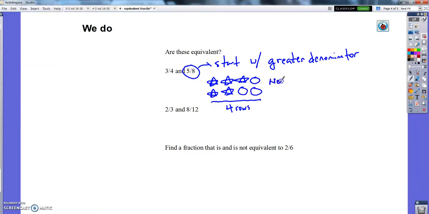So these would not be equivalent. If this was a star and we had 6/8, then I could see, look, 1, 2, 3 rows out of 4 rows would be stars, but that's not the case here. So those are not. Let me undo that star. So those are not.